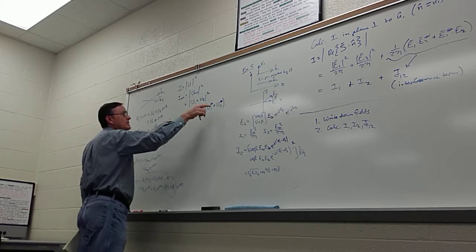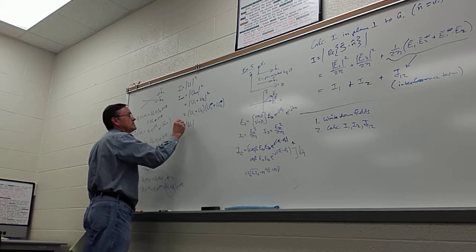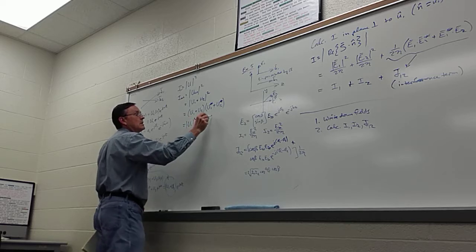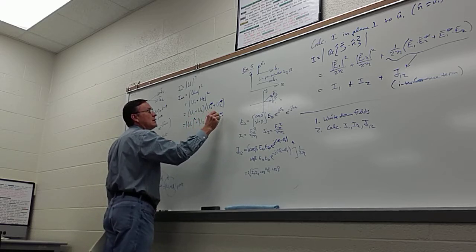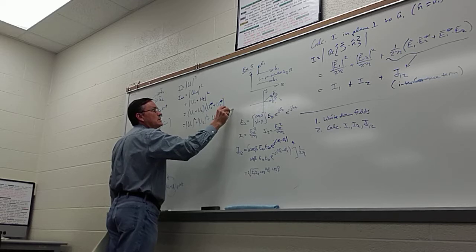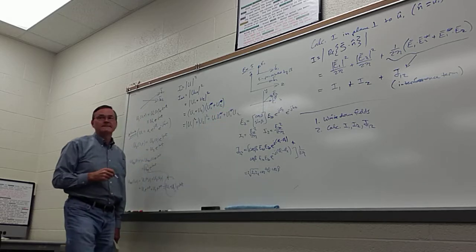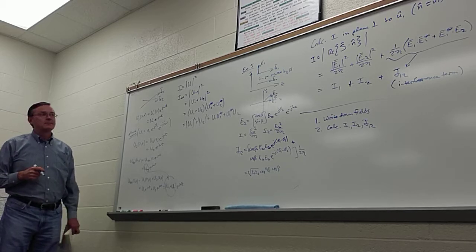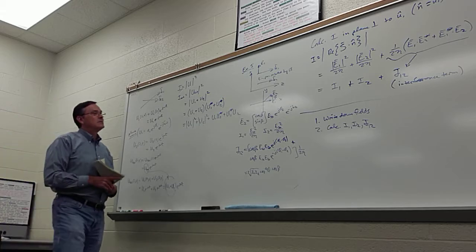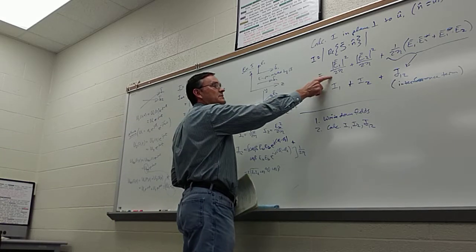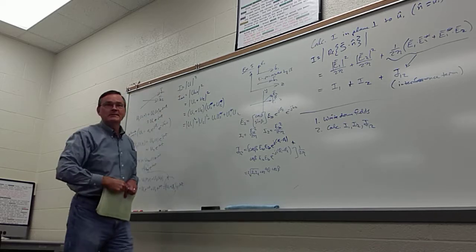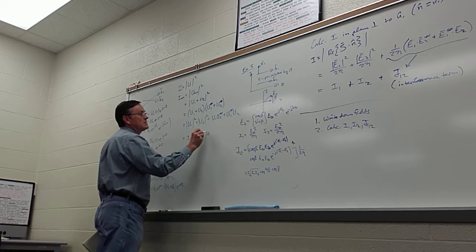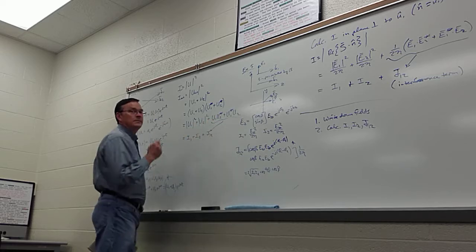If I work through this, I have magnitude squared of u1 plus magnitude squared of u2 plus u1 u2 complex conjugate plus u1 complex conjugate u2. Hey, that looks familiar. Doesn't it look just like the real version, except for the scalar case? So we have the irradiance of beam 1, the irradiance of beam 2, plus some interference term.